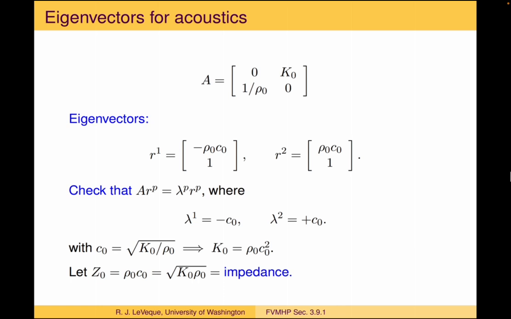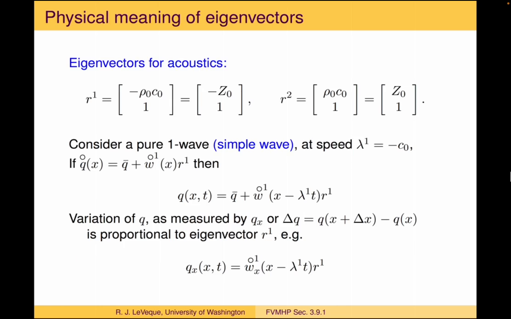But the eigenvectors also tell us something. They tell us what the waves look like that are propagating with different speeds. So if we think of a simple wave, a pure one wave, a wave that's propagating along at speed lambda 1, with the variation proportional to the eigenvector r1, we call that a simple wave if it only involves one of these eigenvectors and eigenvalues.